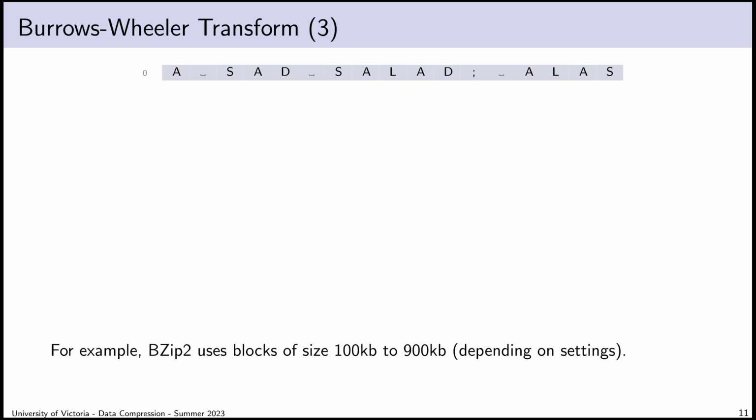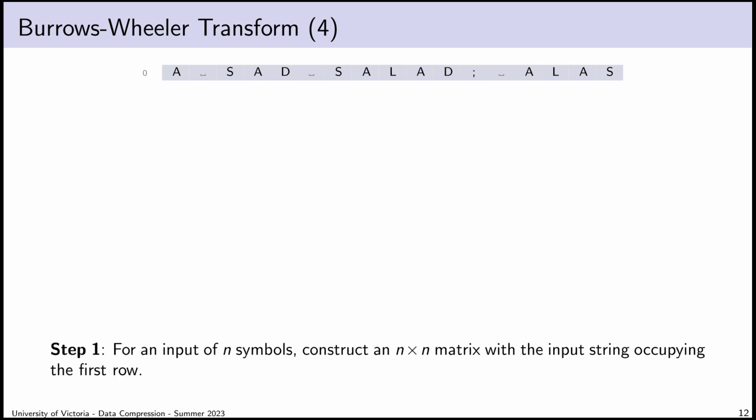I think that's important perspective to have at this point, because when you see the next step of the BWT, you'll begin to chafe at the idea of applying such a step to a 100,000 element sequence. So what's that next step? The first step to perform a BWT is we take our input sequence, which contains n symbols, so it has length n.